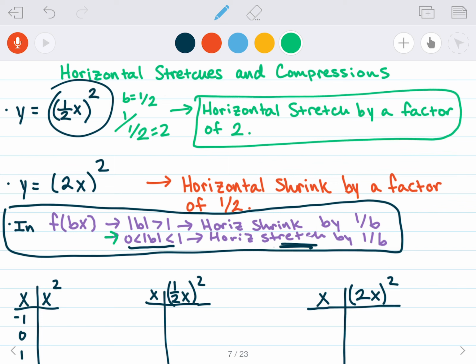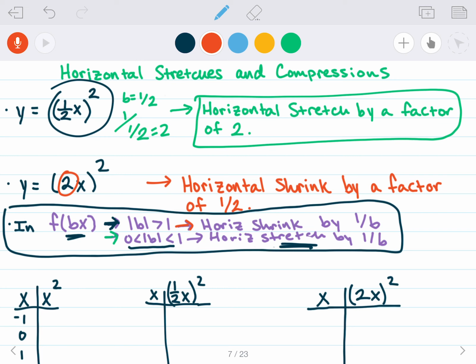Opposite of what you would think, right? Because 1/2 is between 0 and 1, but it's a horizontal stretch, and the factor is going to be the reciprocal of the number we're multiplying by. On the other hand, in this first case right here, if the number we're multiplying x by is bigger than 1, such as this 2, then we have a horizontal shrink by a factor of 1 over b.